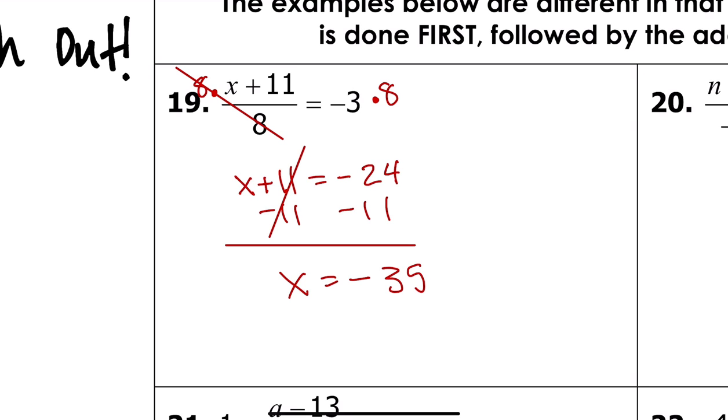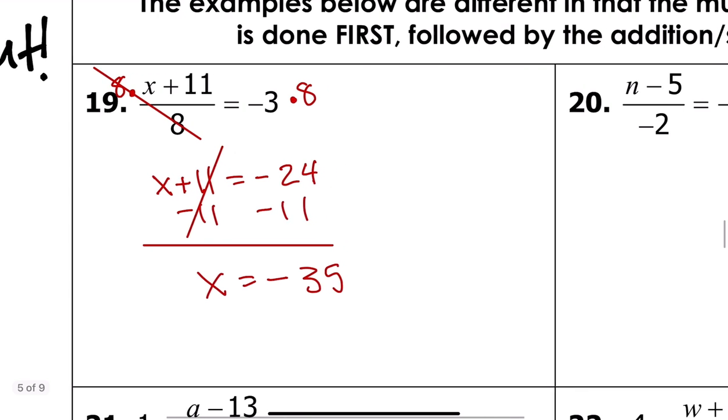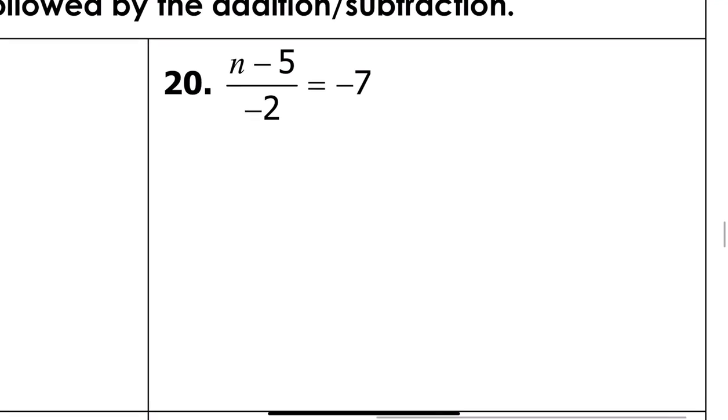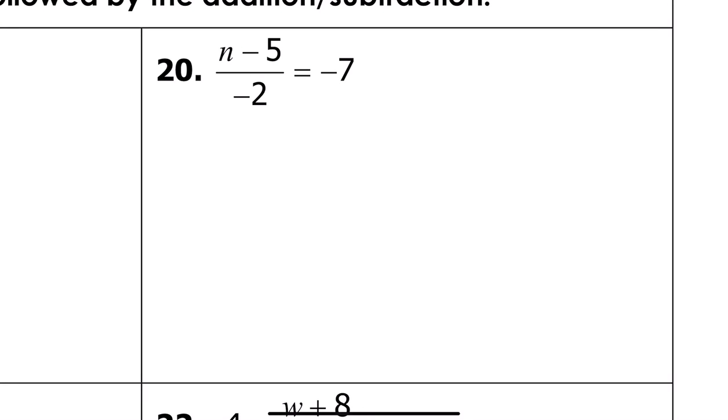Okay, I want to do one more of these just so we could really see that and have more than one example. So let's take a look at this next one. We have n minus 5 over -2 equals -7. So once again, we have to take care of this fraction bar first. That fraction means that we're dividing by -2.